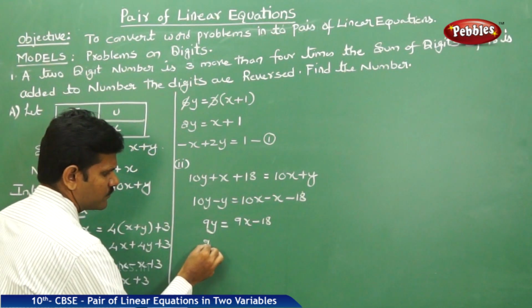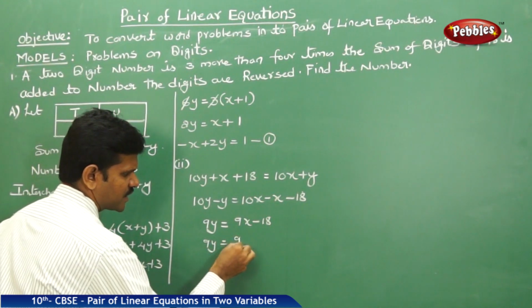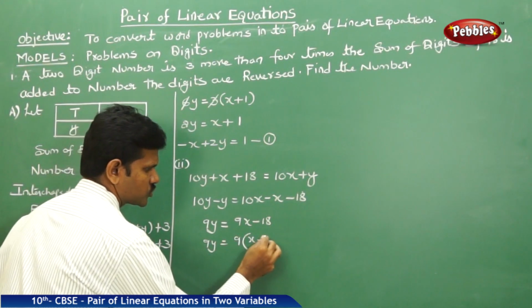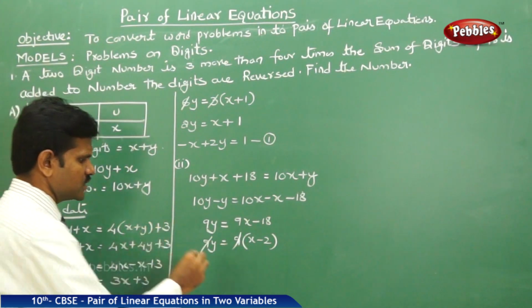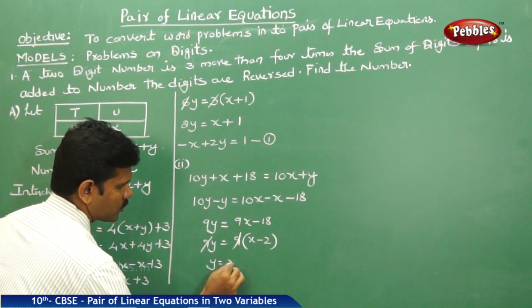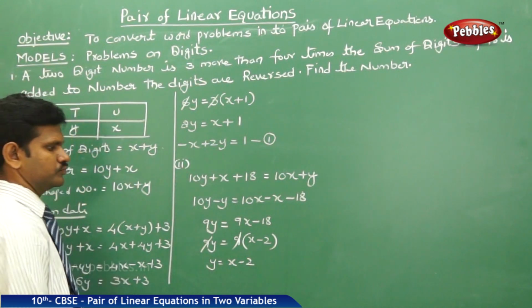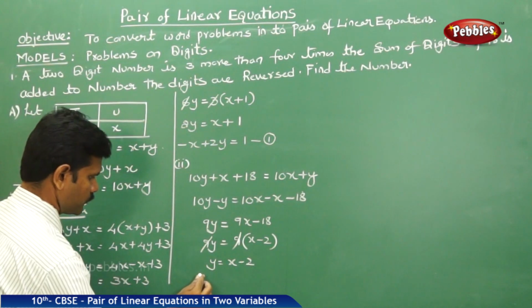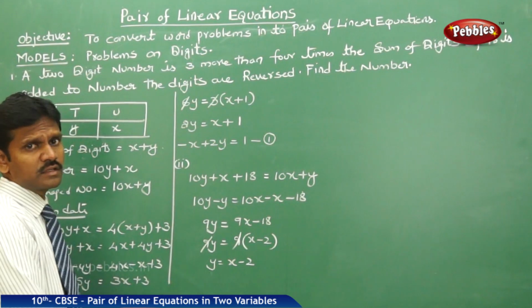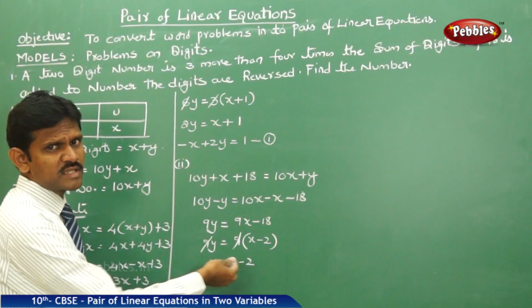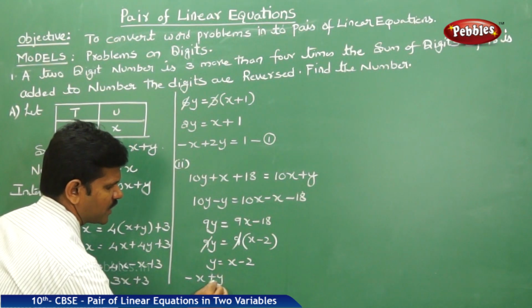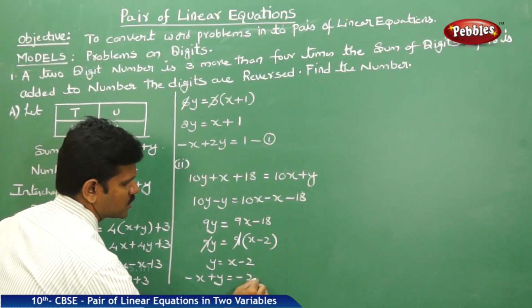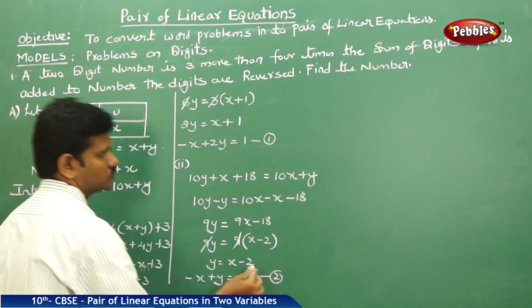Now 9y is equal to, from the RHS I take 9 common, that is x minus 2, 9 get cancelled, that is y is equal to x minus 2. Now write this one in the equation form, variables other side, that is minus x plus y is equal to minus 2, this is equation 2.